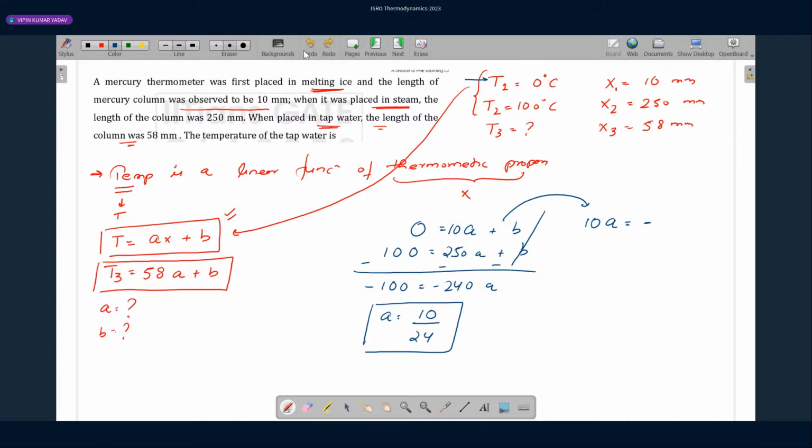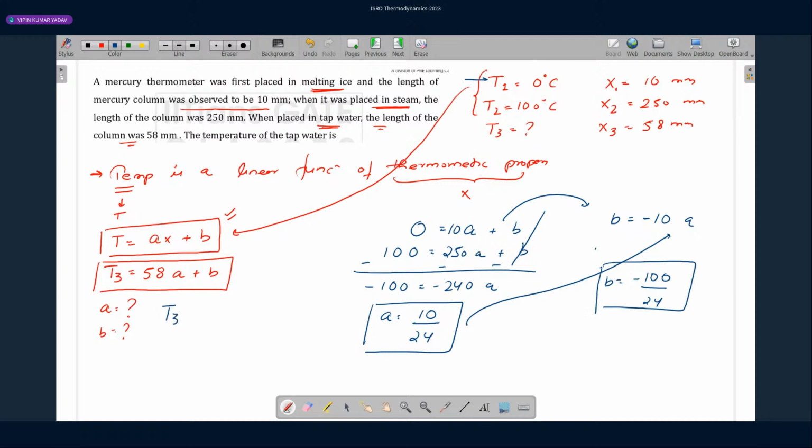So from this equation, I can find out that b is equal to minus 10a. So let me substitute the value of a here, and b is equal to minus 100 by 24. So now I know a and b.